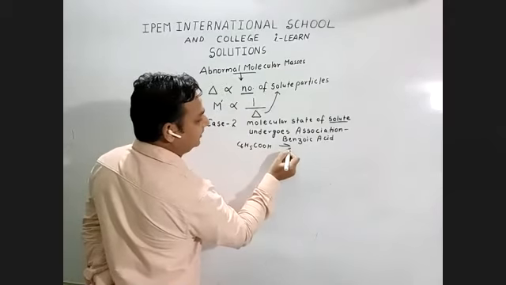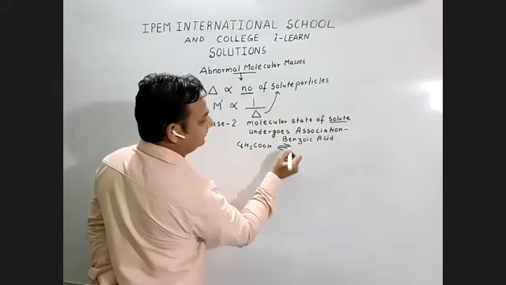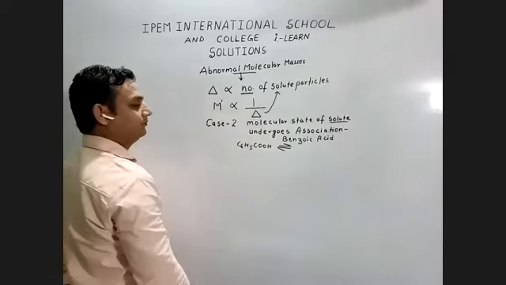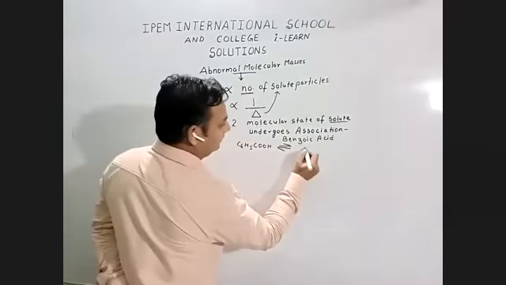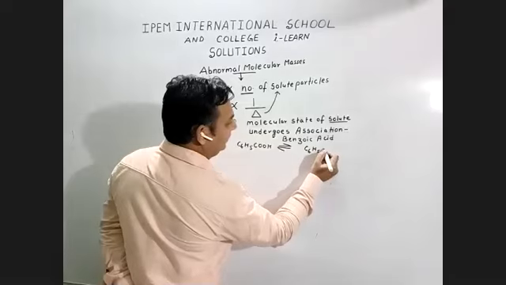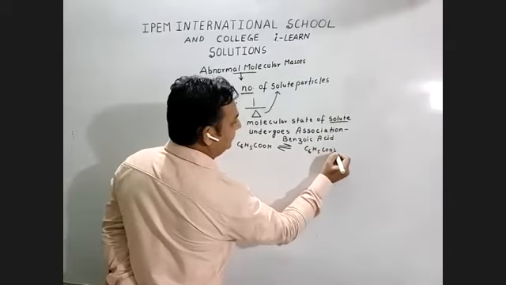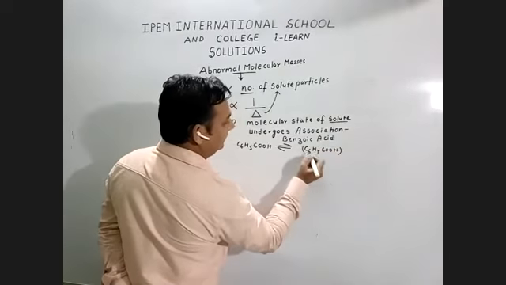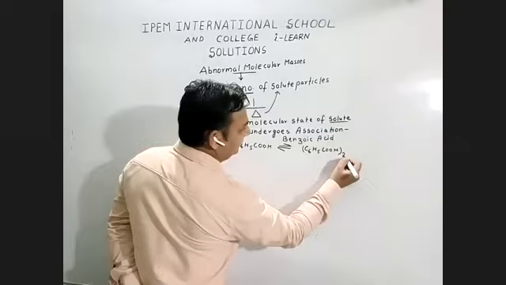When two molecules combine together and associate, they are known as a dimer, as in case of benzoic acid.